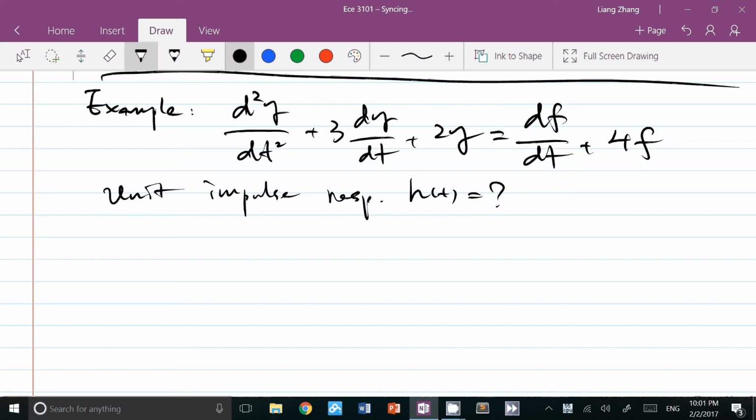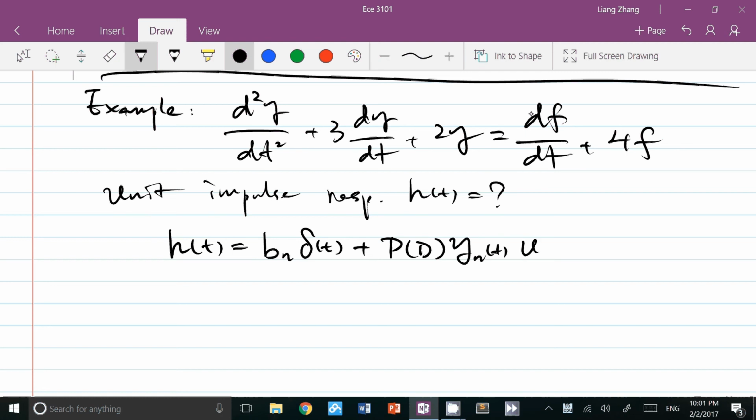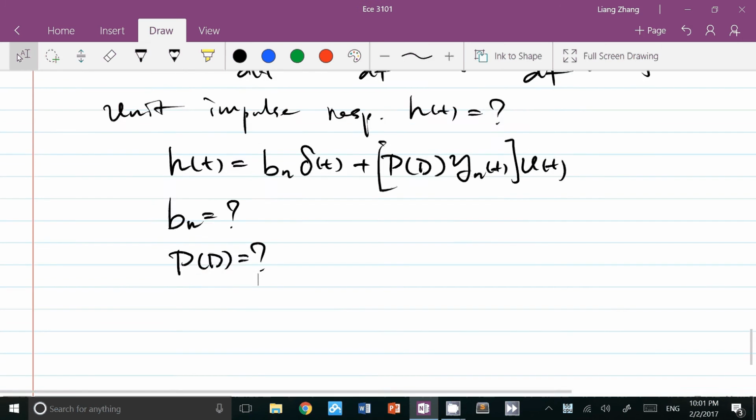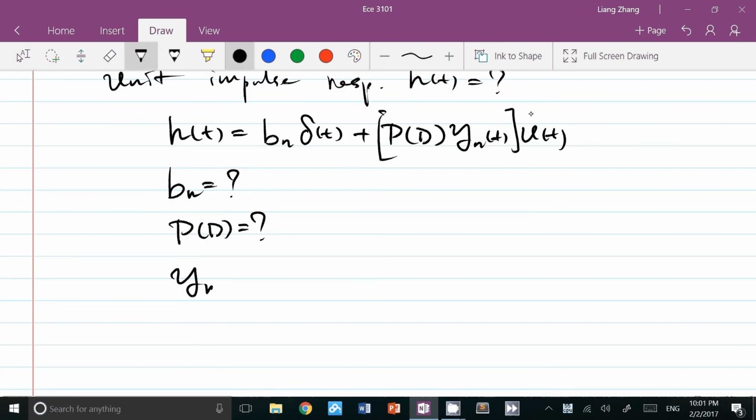If you want to follow the procedure, meaning we want to use this equation directly, we need to answer a few questions before obtaining the answer. First of all, what is Bn? Secondly, what is P of D? And then, what is Yn of t?